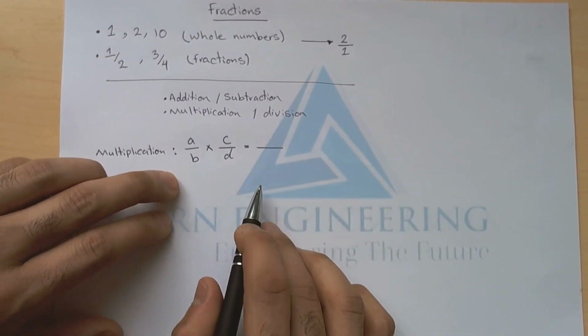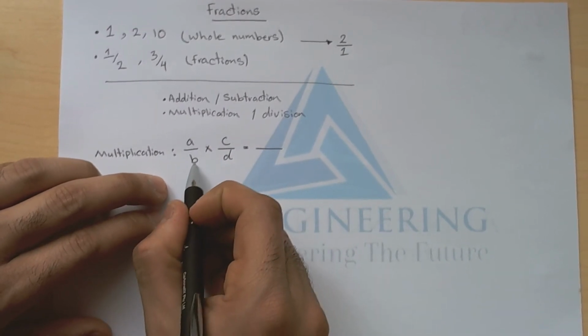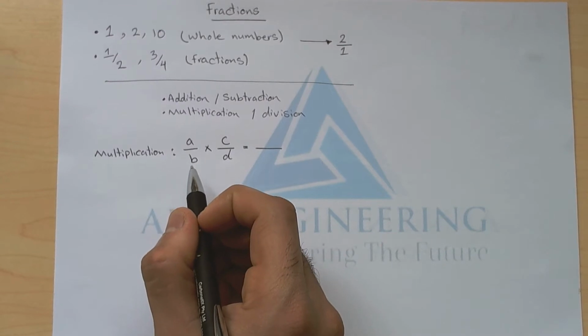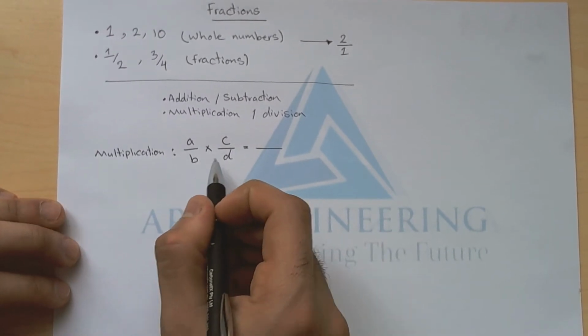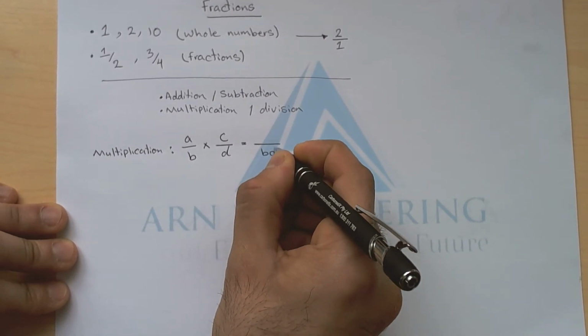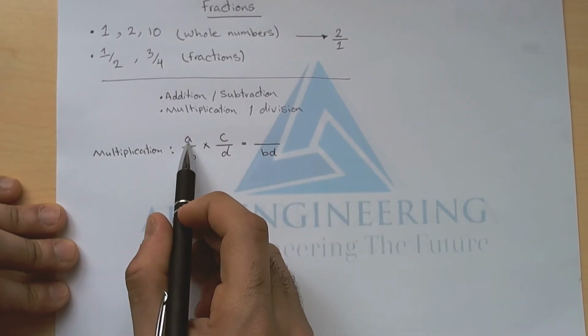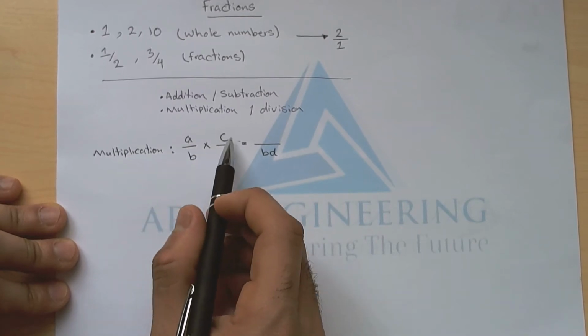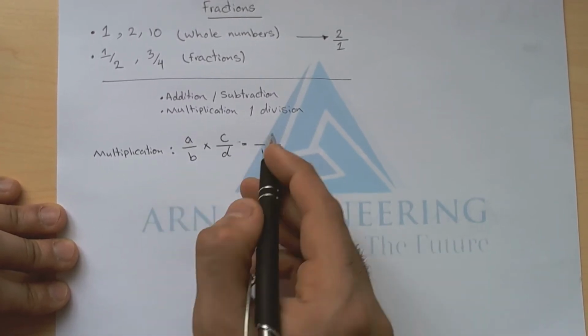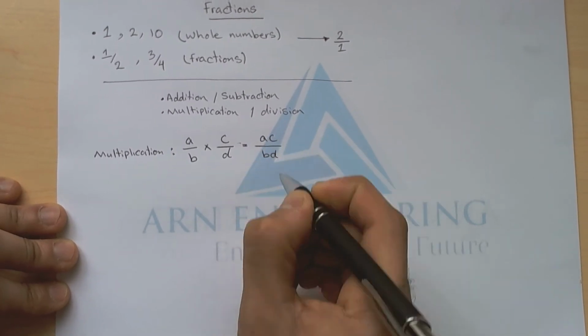Now, in order to do that, we simply multiply the denominators of the fractions together, so b times d, and we write that as the denominator, and do the same for the top part of the fractions, so a times c.